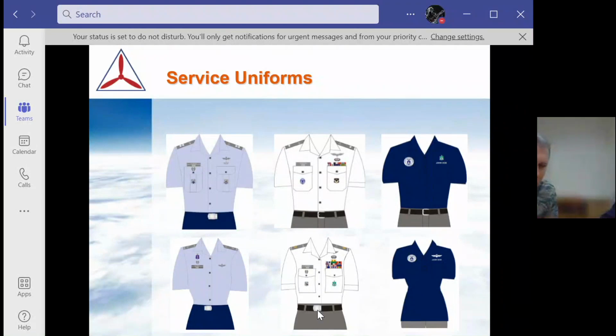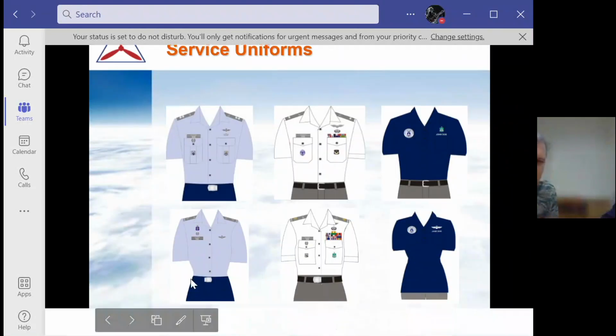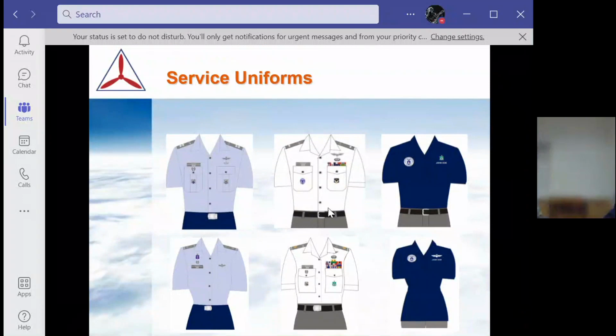It can be either the Air Force buckle or that, but it has to be a black leather belt. And then this one can be black or brown, but again, silver buckle, plain in nature.